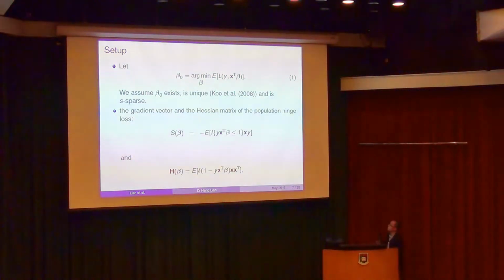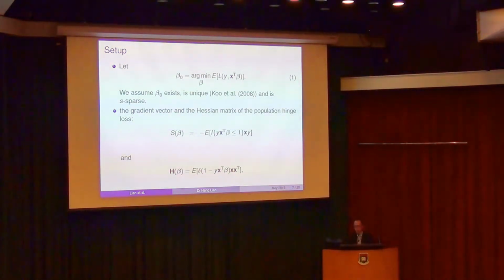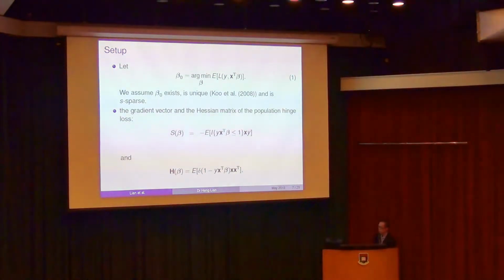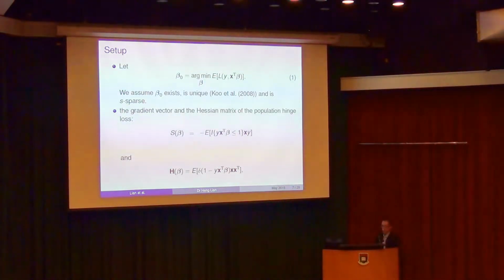First, we define the true target of estimation to be beta 0, which minimizes the loss function. We assume it exists, is unique, and is also sparse, meaning that there are lots of zeros in beta 0. Now we need to take derivatives. For the first derivative, the gradient function called S here, you have two linear functions connected together.